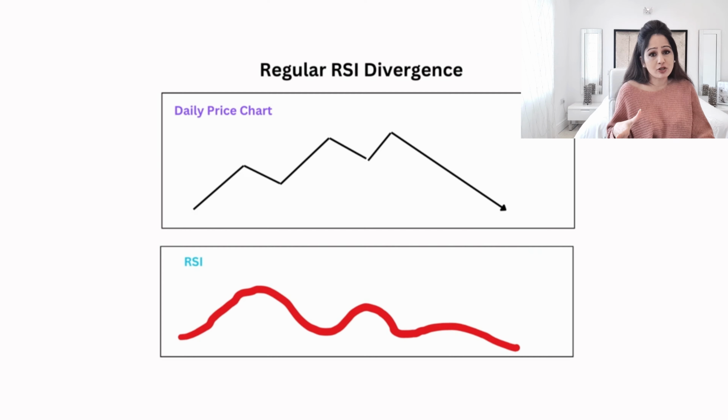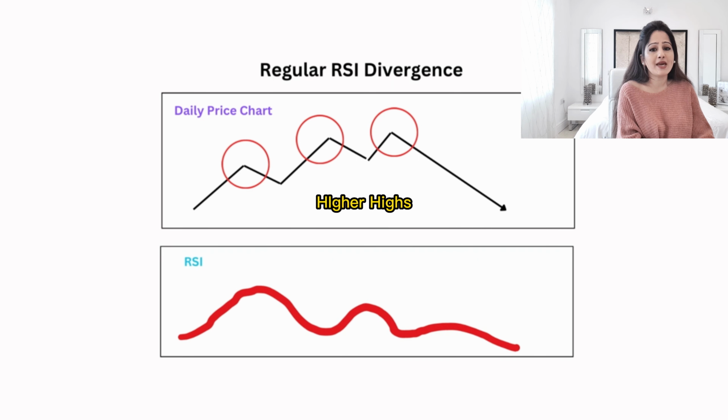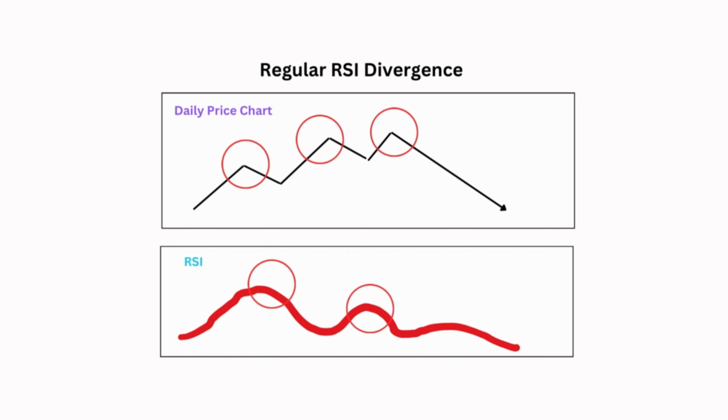In a bearish regular divergence, price moves upwards, making higher highs, while RSI moves downwards, making lower highs, signaling an opposite trend. So divergence basically tells you a potential reversal may be coming in the future, but it obviously can't tell you exactly when. Let's see a real life example quickly.